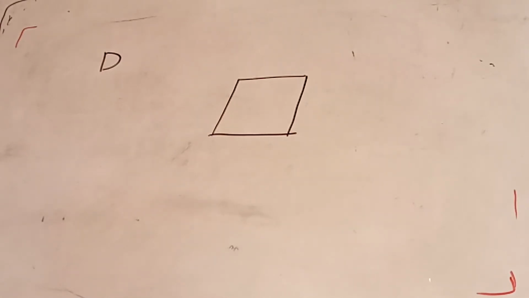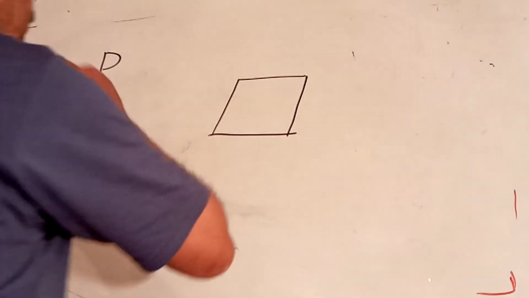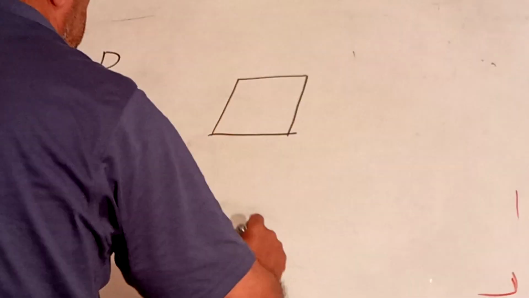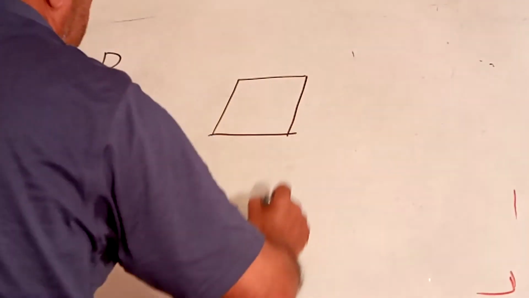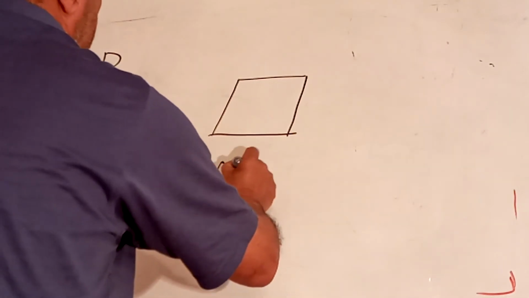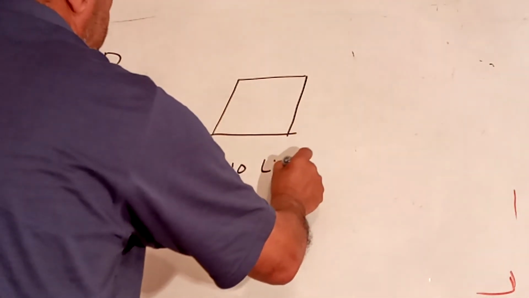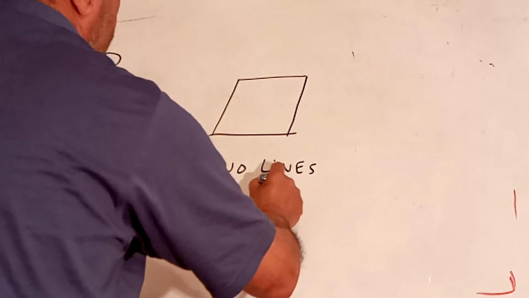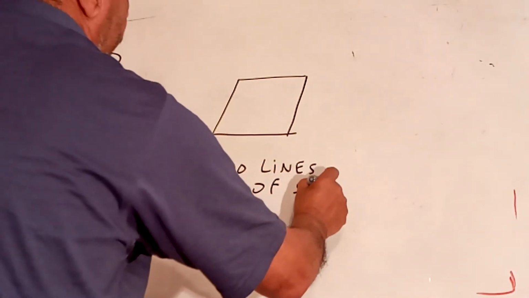No lines of symmetry. Not a perpendicular, not a vertical, not a diagonal. So no lines of symmetry.